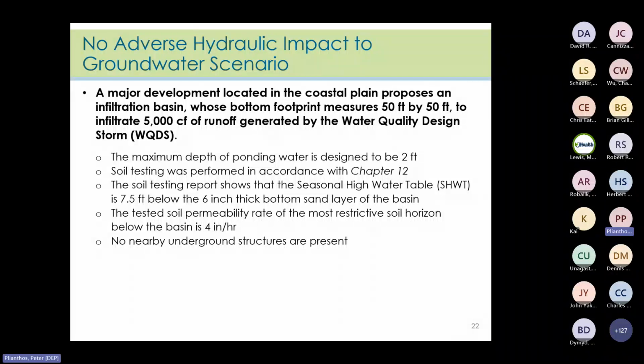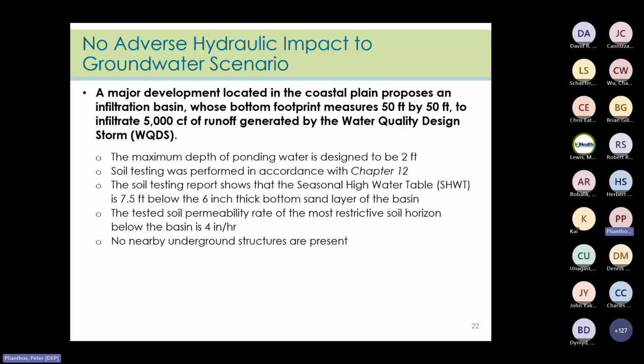For the first example, a major development located in the coastal plain proposes an infiltration basin whose bottom footprint measures 50 feet by 50 feet to infiltrate 5,000 cubic feet of runoff generated by the water quality design storm. And a few other notes: the maximum depth of ponding water is designed to be 2 feet.